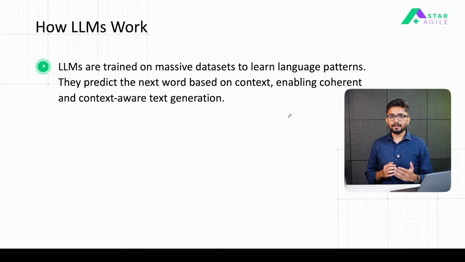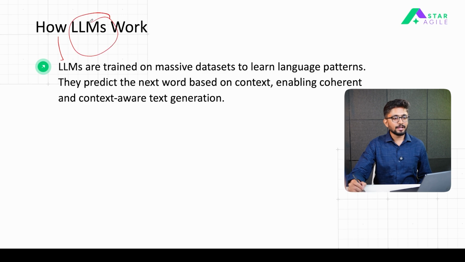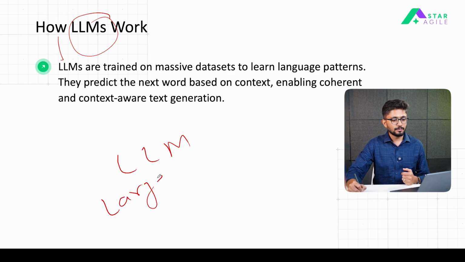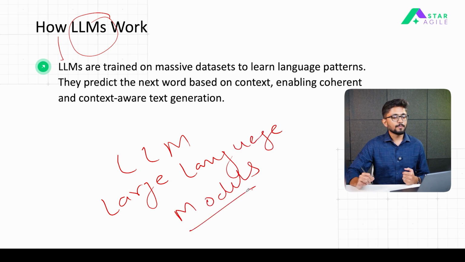Now you might be wondering how these models work. So the powerhouse of generative AI at the backend are machine learning models known as large language models, or LLMs for short. So LLM stands for large language models.